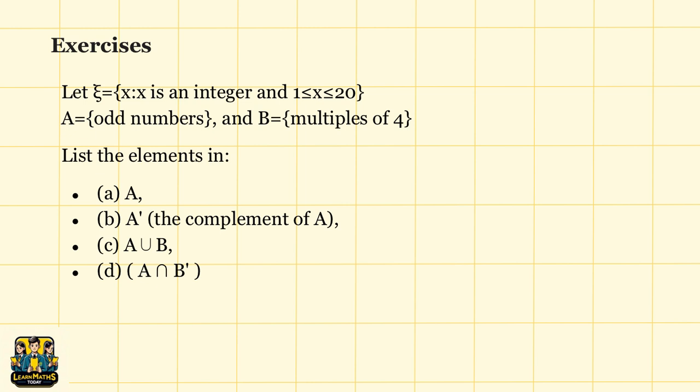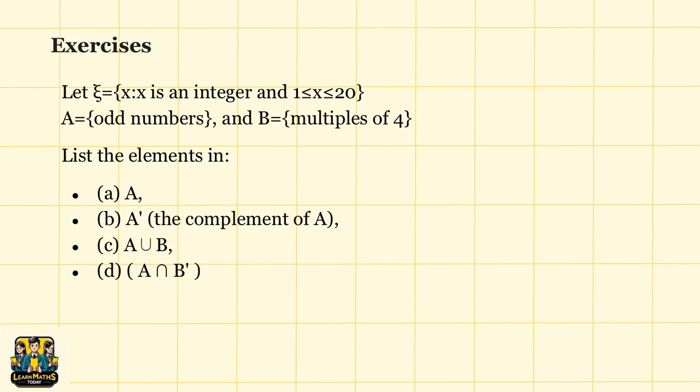Find the elements in A, the elements in the complement of A, the elements in the union of A and B, and the elements in the intersection of A and the complement of B. Take some time to do this by yourself, and I will go through with you in a short minute.